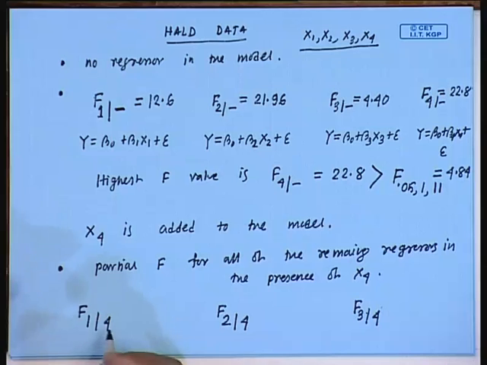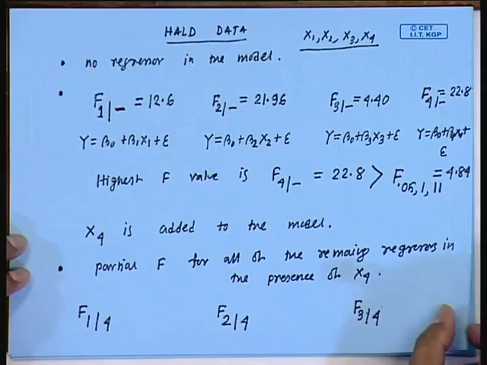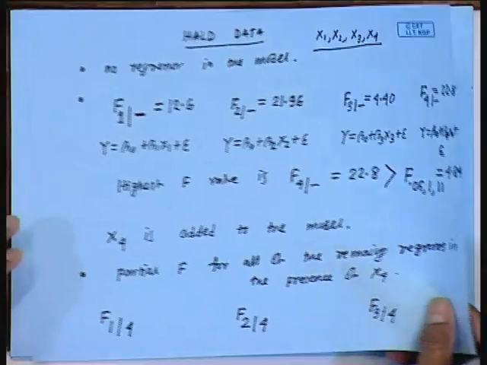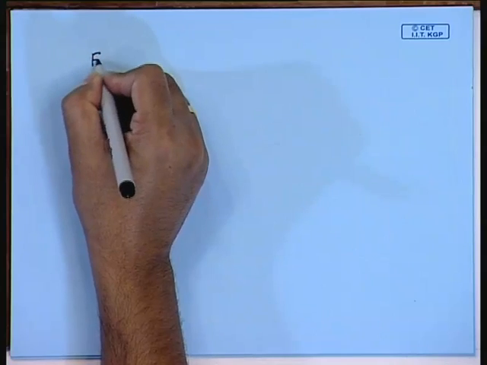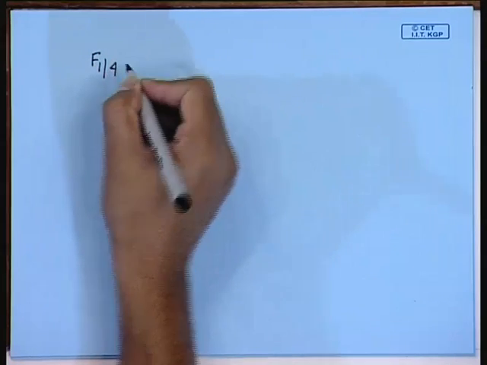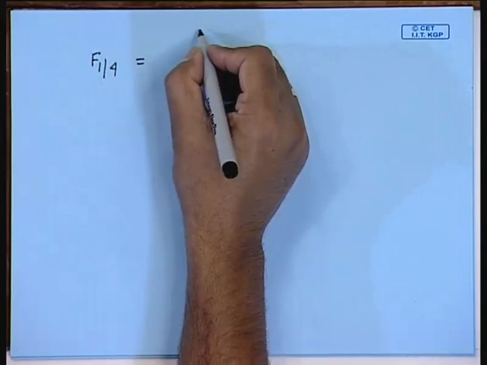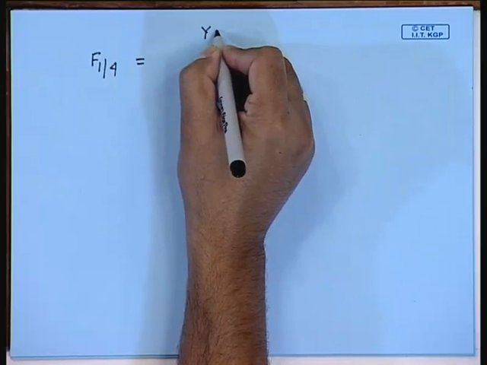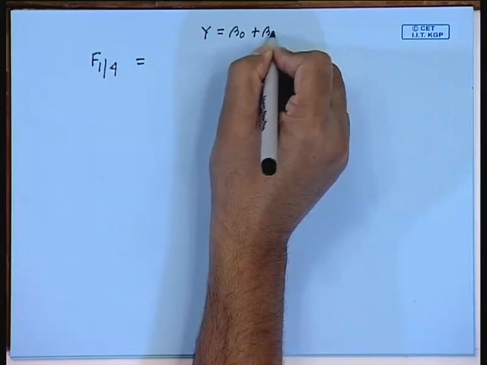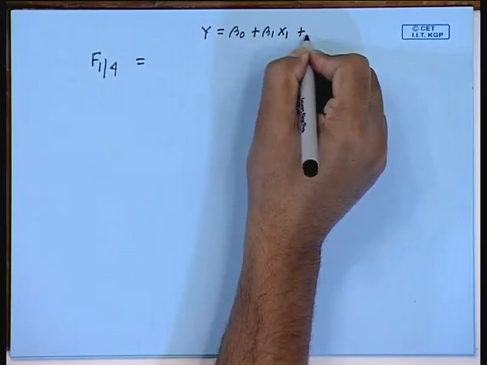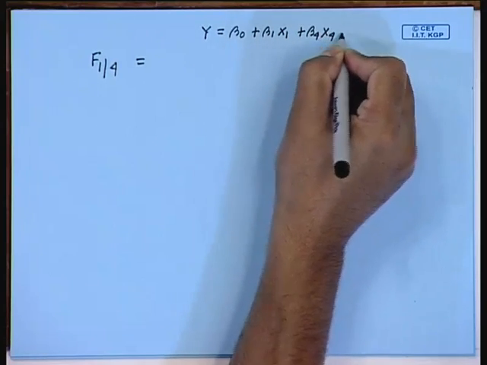Well, I hope that you know how to compute this value. For example, say F1 given 4, that means you have to consider the model y equal to beta naught plus beta 1 x1 plus beta 4 x4 plus epsilon.